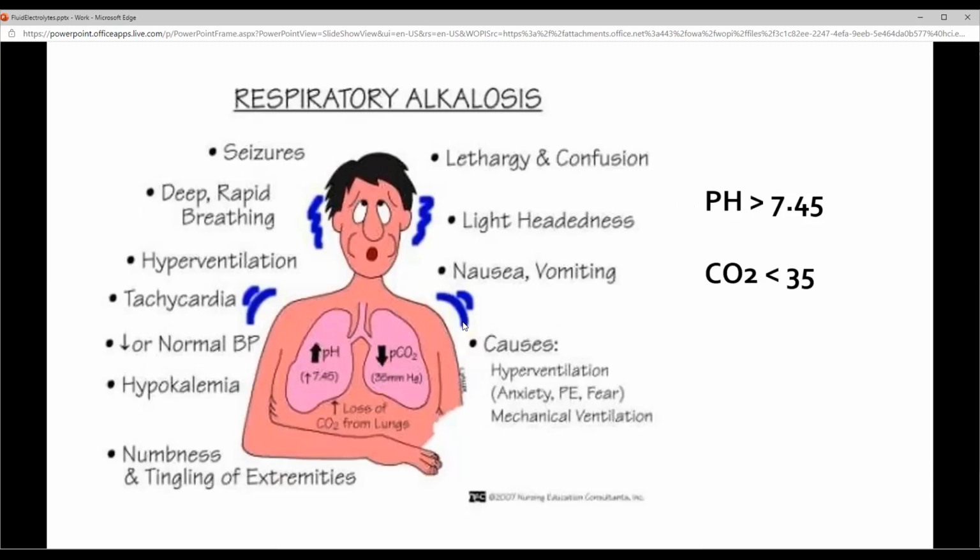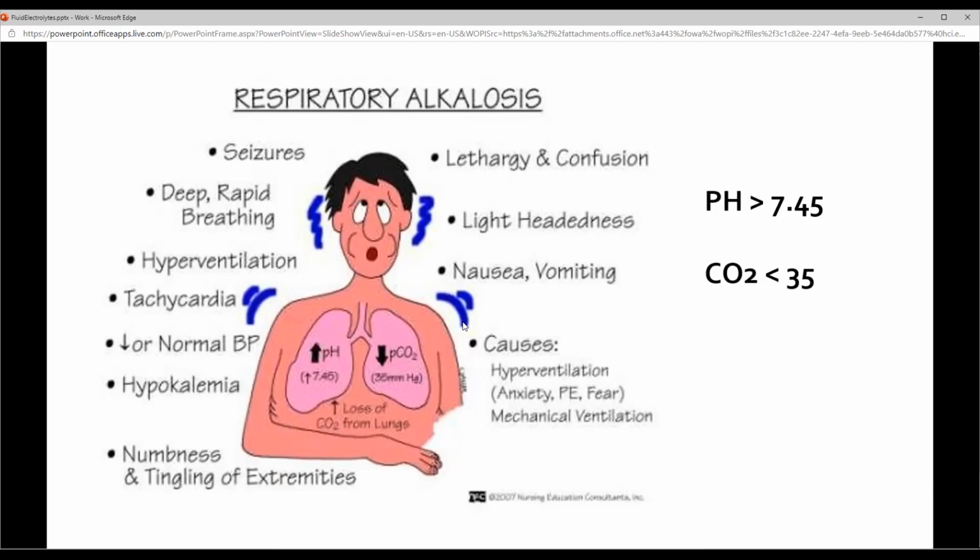Finally, respiratory alkalosis. This is going to be people who blew off too much CO2. Hyperventilation, like in a panic attack, when people are breathing too rapid, deep and rapid, they're freaking out and having an anxiety attack.